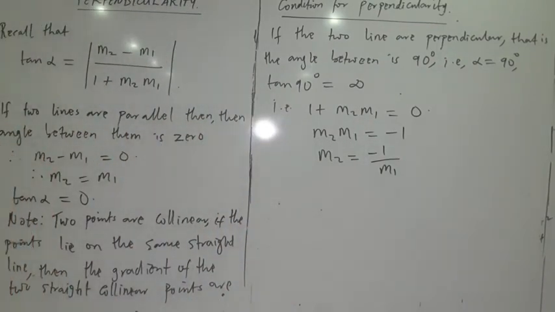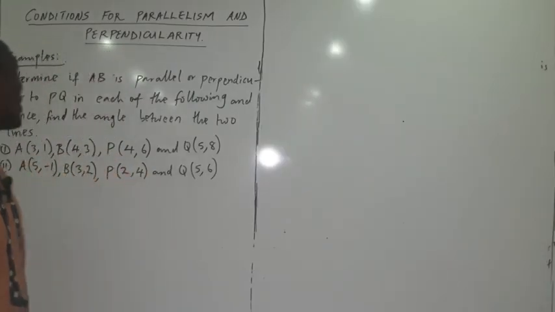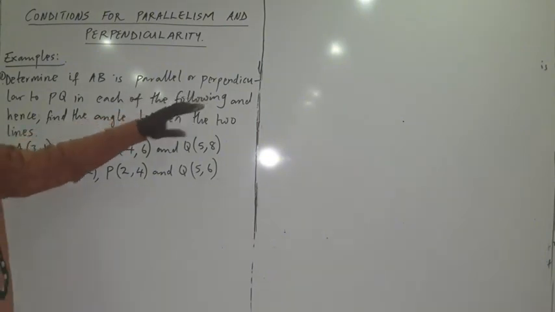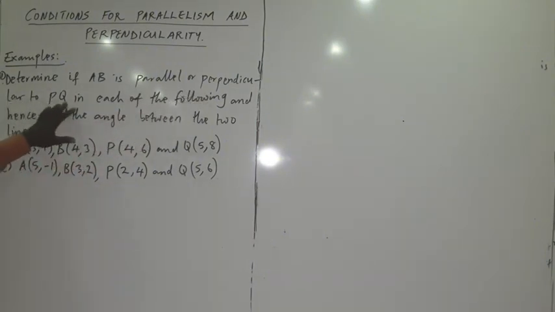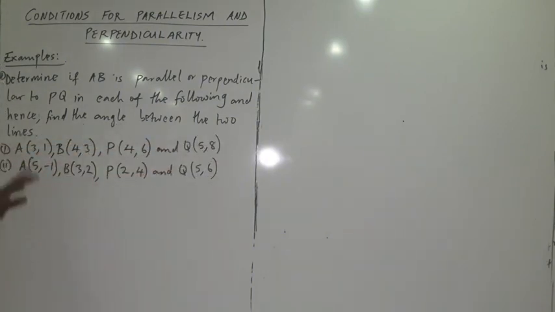So we now move to the first example. Example 1 says, determine if AB is parallel or perpendicular to PQ in each of the following, and hence find the angle between the two lines.